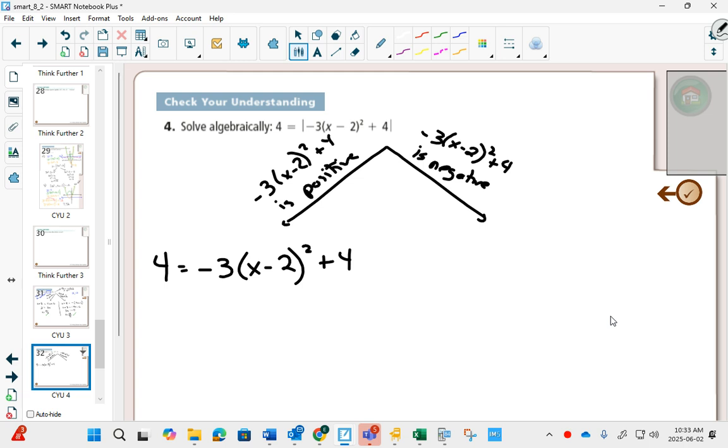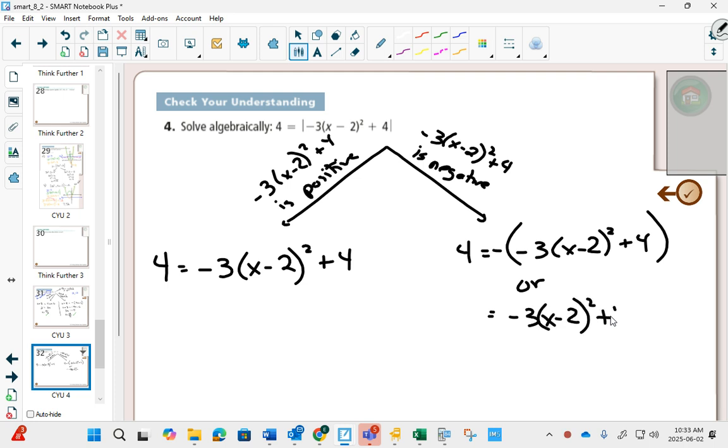If I do it the same way as I did the last question, I would say if this is negative, this whole thing is negative, I would have to put a negative out in front to make it positive. But because I have just a single number on the other side, you could also do this.